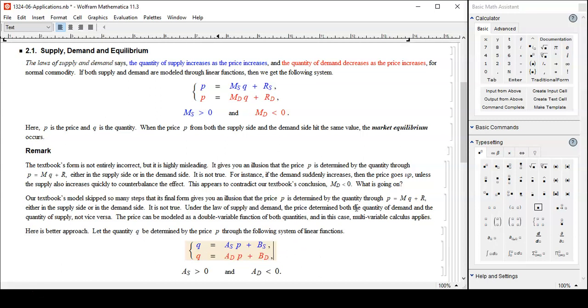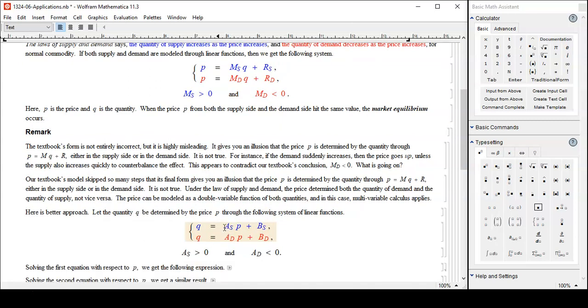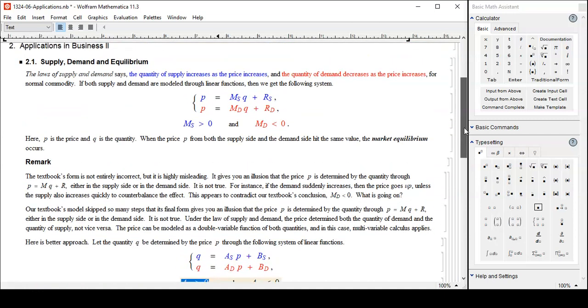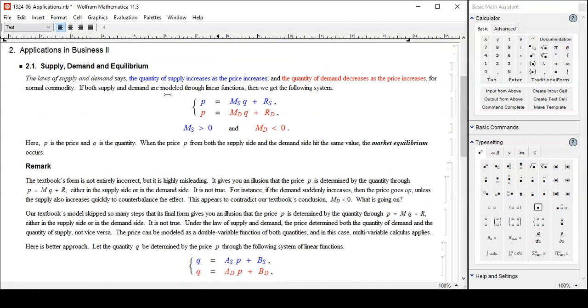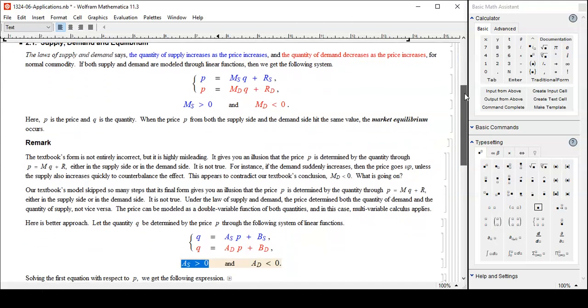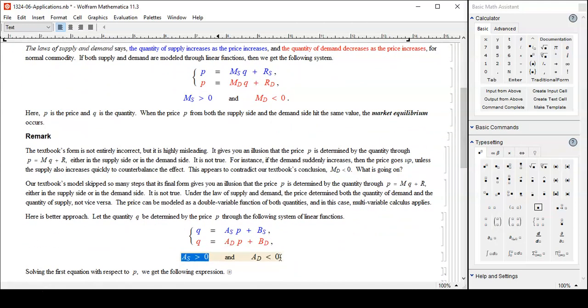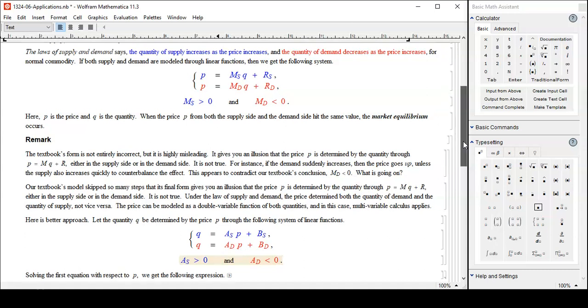And here, the marginal quantity for supply, that's positive because, look at this blue, quantity of supply increases as price increases. Positive slope. Now, as for this marginal quantity of price for demand, that's negative.